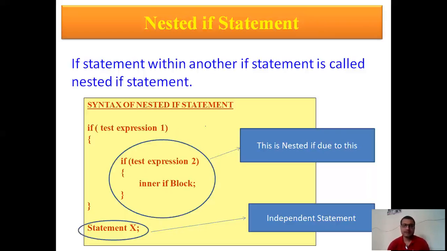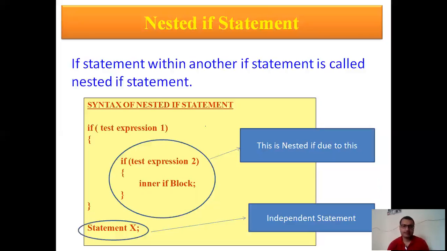And if I am saying any one of the conditions can be true for the execution, then I can go for the logical OR operator. Now suppose I do not want to use the logical AND and logical OR operators. Now what is the possibility? So there I can go for nesting, right?